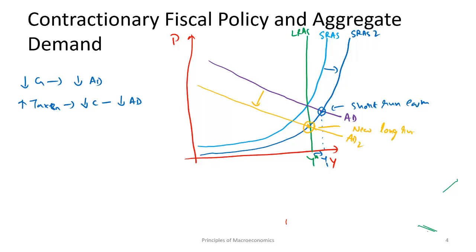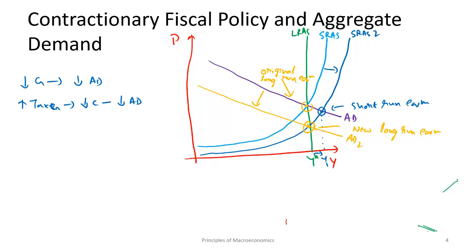It shifted left, and we are back to the new long run equilibrium, and this is your original long run equilibrium. So again, policymakers intervene to cool down the economy by controlling or managing aggregate demand, and this way they can bring down the economy to the potential GDP.